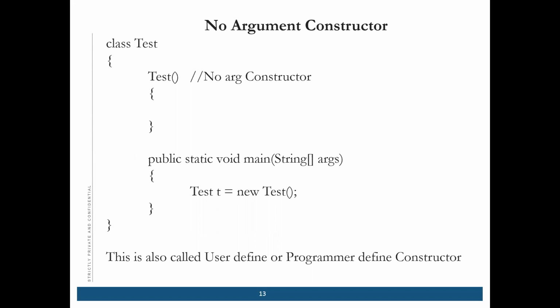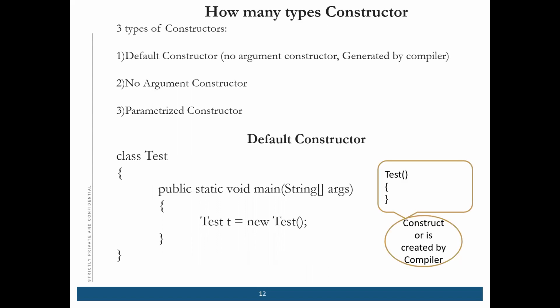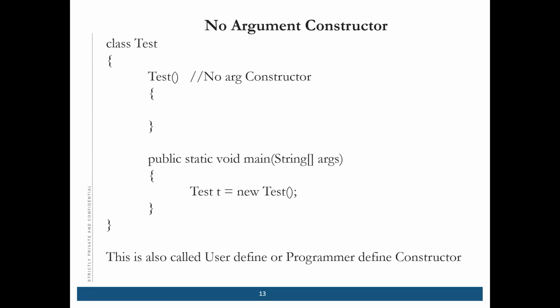But the default one you're not writing. It is in the backend, in the compiler's memory, not in your program. But here, the no argument constructor, you have written this constructor. This is called a user defined or programmer defined constructor.